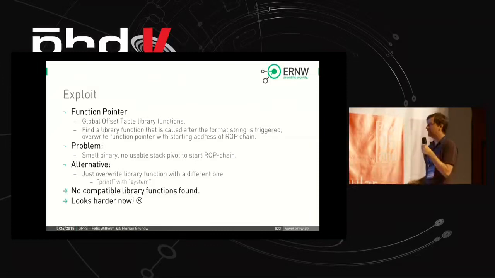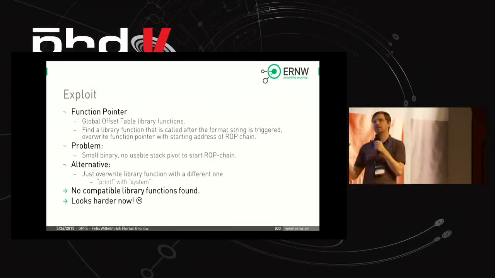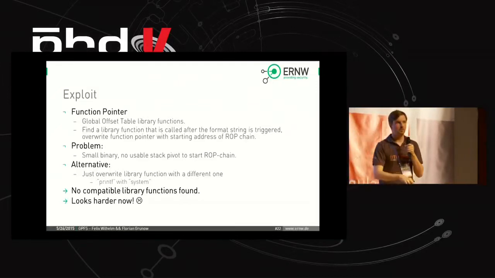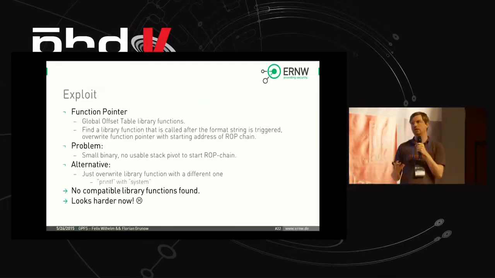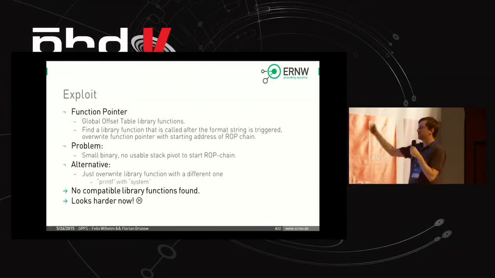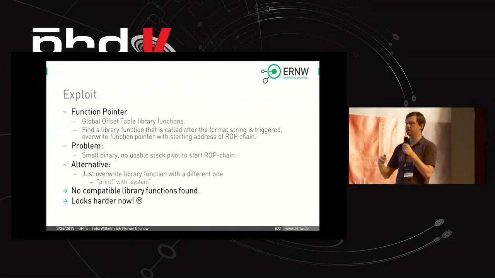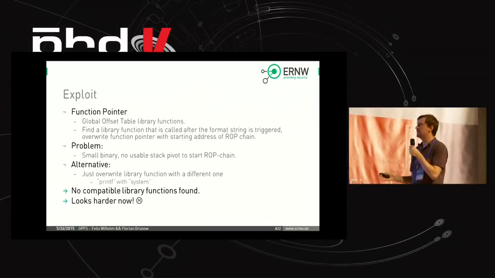The problem here is that we could not find any compatible library function. So from the perspective right now, this looks quite hard because you can't just start off your ROP chain, you cannot override function pointers to point to interesting functions like system, and we were basically nearly at the end.